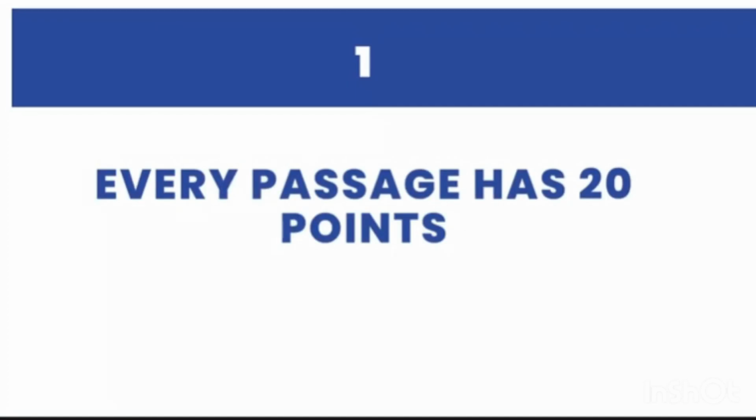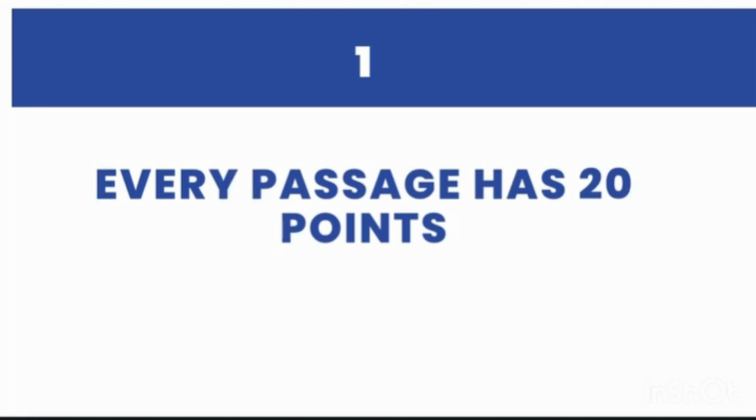Now, let me give you some of the hints that you need to follow as you are writing a summary. What are the hints to writing the prose summary? Number 1: every passage has 20 points. We are talking about the exam here.